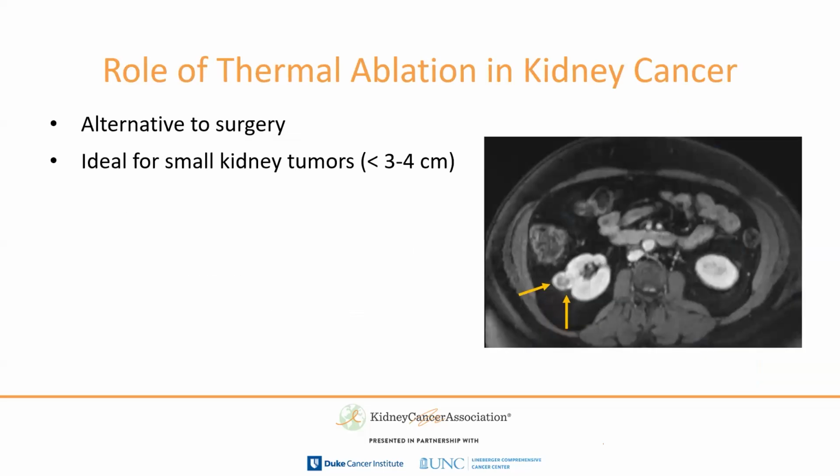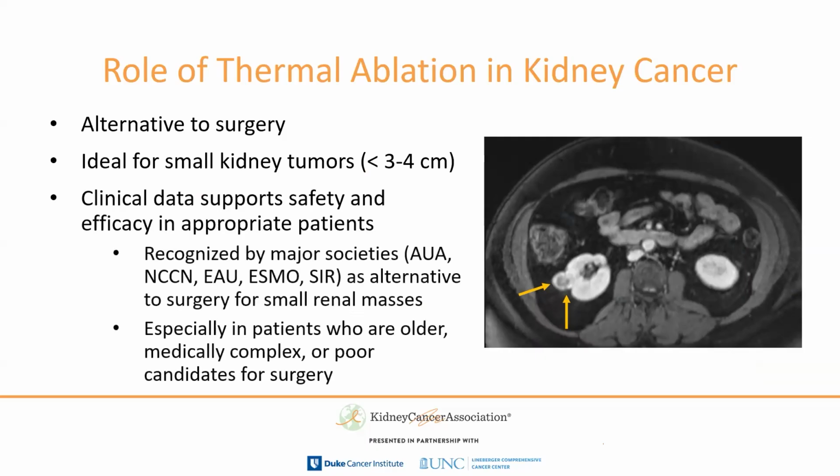So, what's the role for this in kidney cancer? Well, it's really an alternative to surgery for small renal masses. So that's important. We're talking about small lesions here, 3 to 4 centimeters. And that is, if you don't know, 4 centimeters is about the size of a golf ball. So, golf ball or smaller are really the ideal size tumors for this sort of treatment. And at this point, we've been doing ablation for decades now.